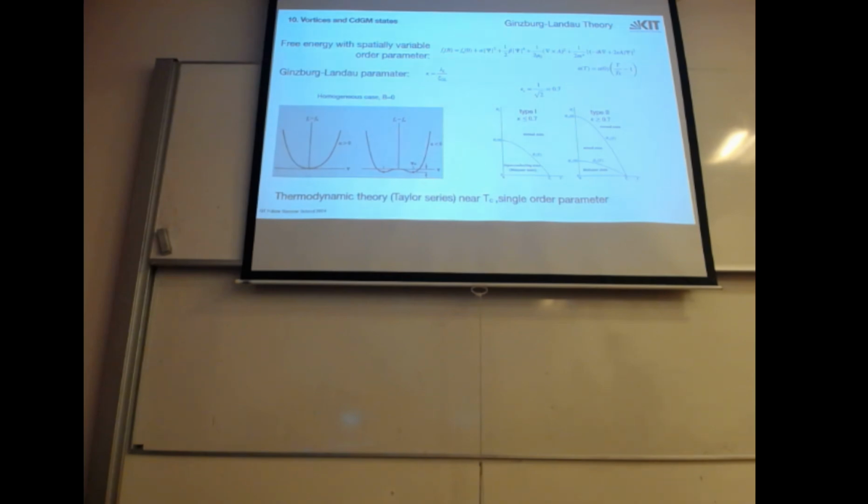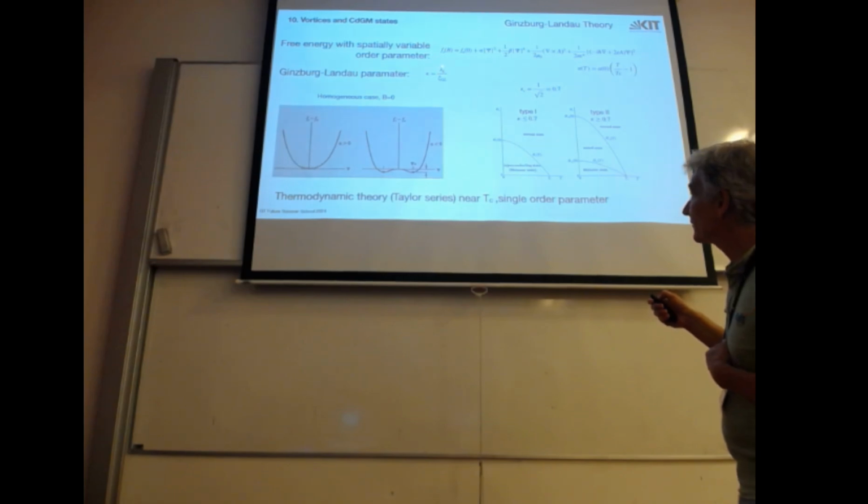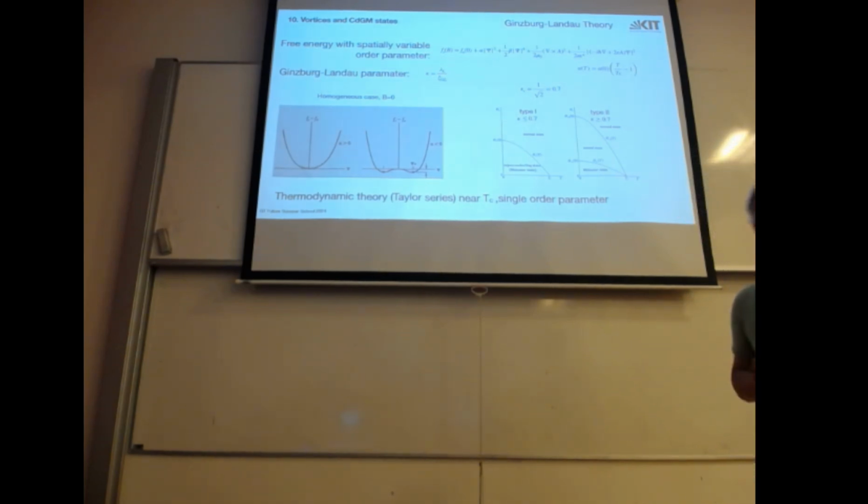And the decisive parameter is the interface energy between the superconducting and normal state, or this ratio of the normal... The critical value is roughly 0.7.